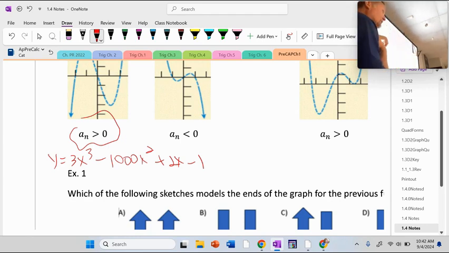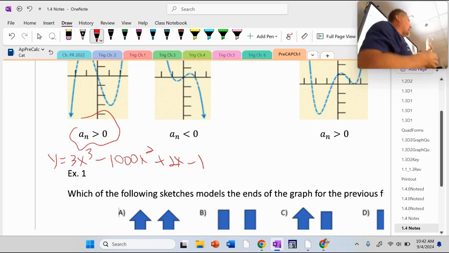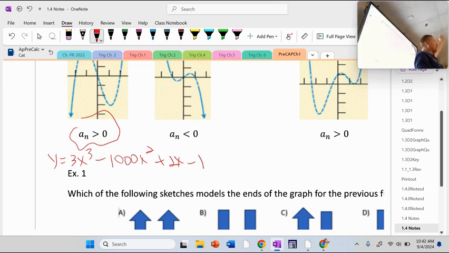Like when I plug in 1,000 cubed compared to 1,000 squared, this is much larger. As a matter of fact, that flips this to a positive output, the number that I just picked there. I know it would. So that's the idea. As I plug in large numbers, the cubing takes over and my output becomes positive as I plug in large numbers.